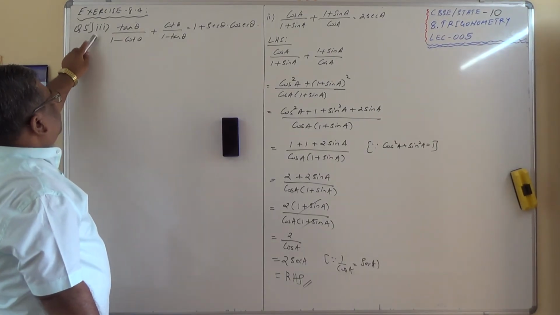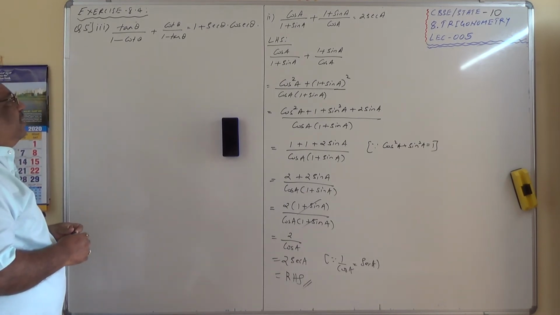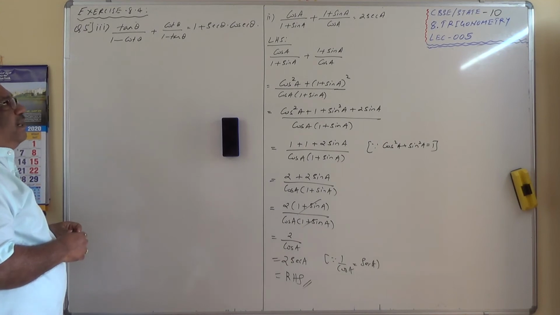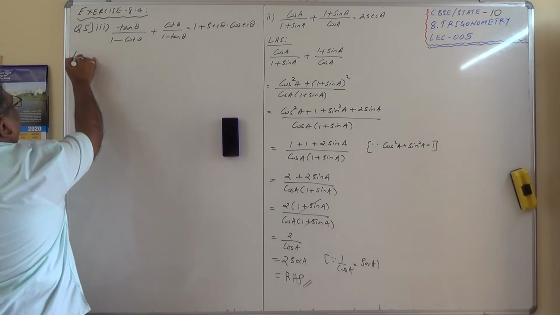The next one is third question. Tan theta over 1 minus cot theta plus cot theta by 1 minus tan theta equals 1 plus secant theta into cosecant theta. So we'll take LHS here.